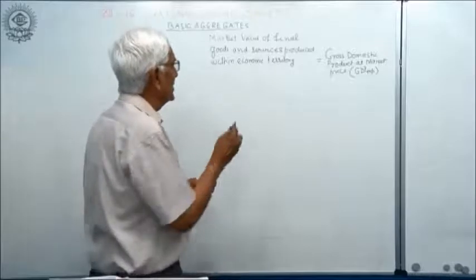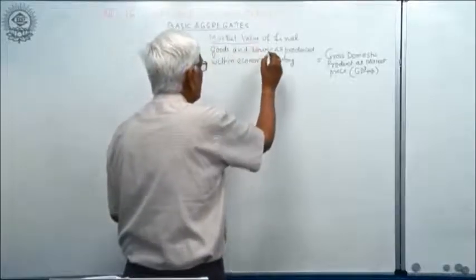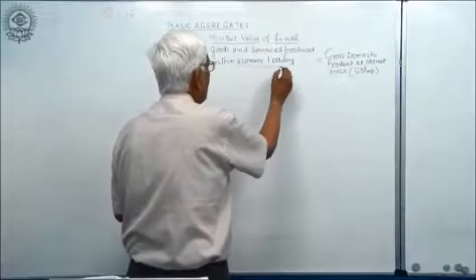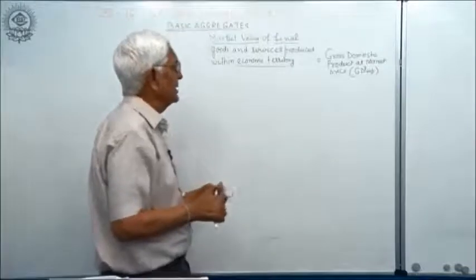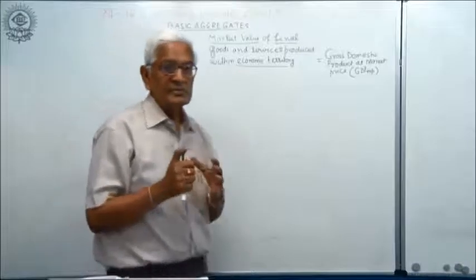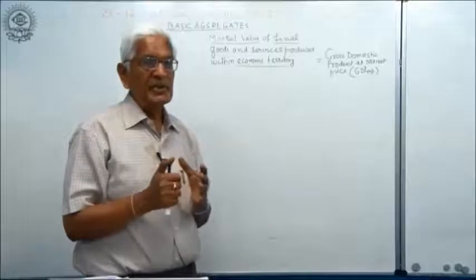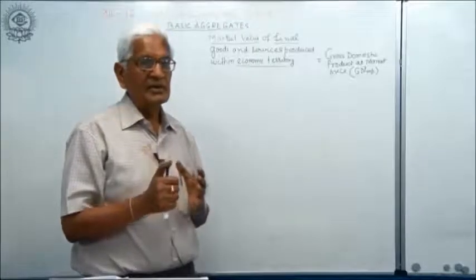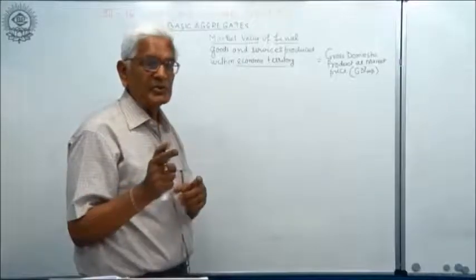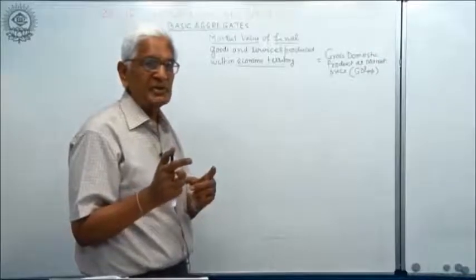You are already familiar with the word market value, that is market price, final goods, economic territory. Keep these concepts in mind while studying this. We are not talking of the country, we are talking of the economic territory of the country. We are not talking of all goods and services produced, we are talking of only final goods and services produced.